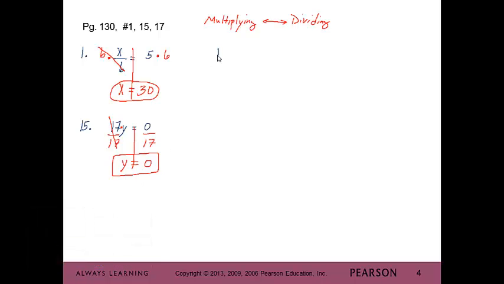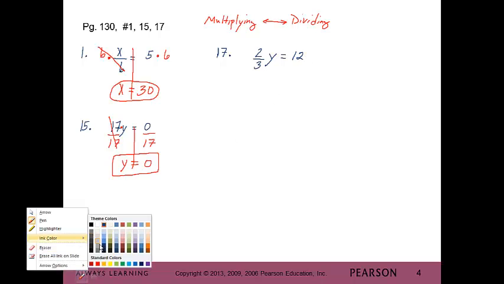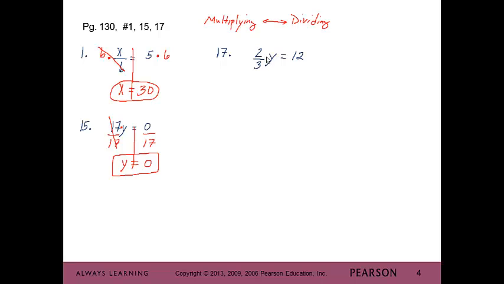And then number 17. Now we have 2/3 y equals 12. Now the fraction 2 over 3 is multiplying by y, which means we would divide by 2/3. However, you do not divide by fractions. Instead, you multiply by the reciprocal.